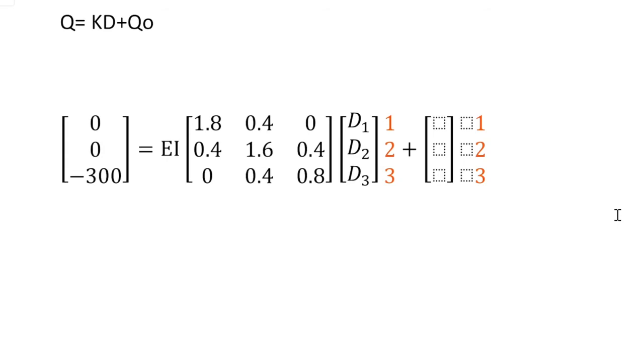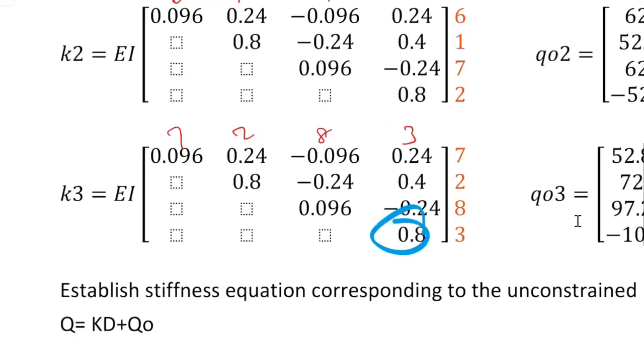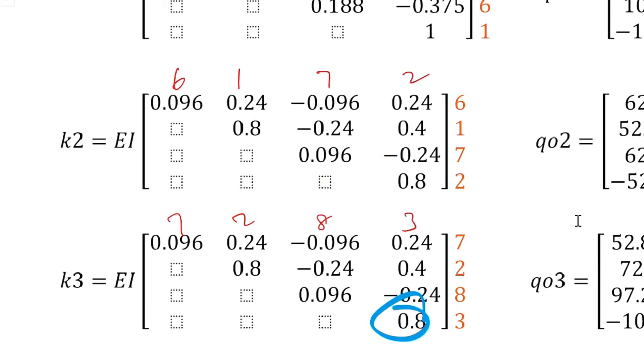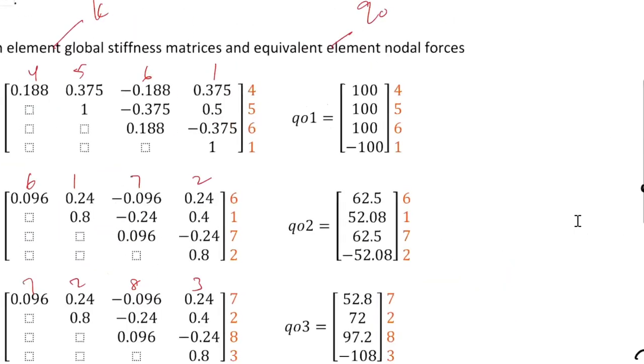Q naught at position 1, position 2, and position 3. So we will find the value of Q naught at position 1, at position 2, and at position 3. At position 1, it is negative 100, and we also have 52.08.